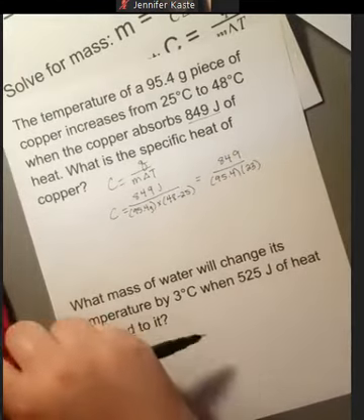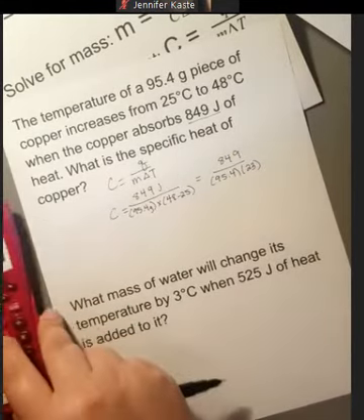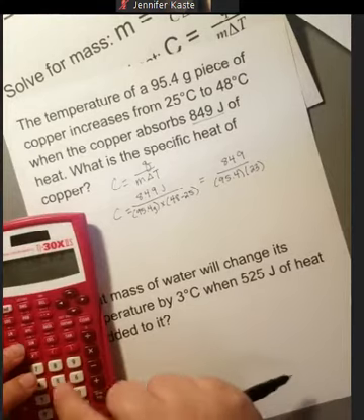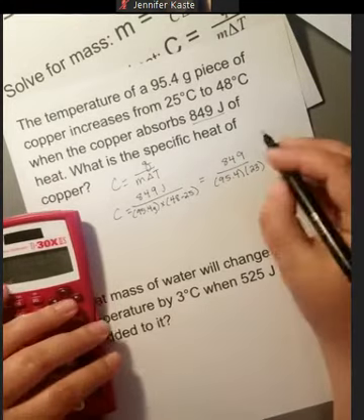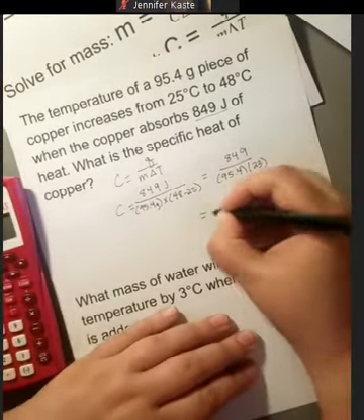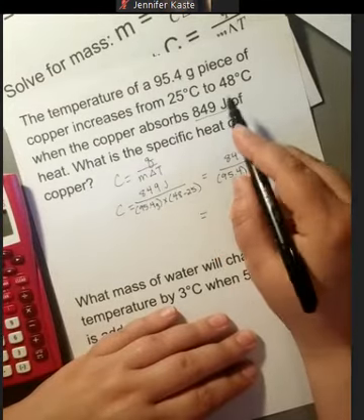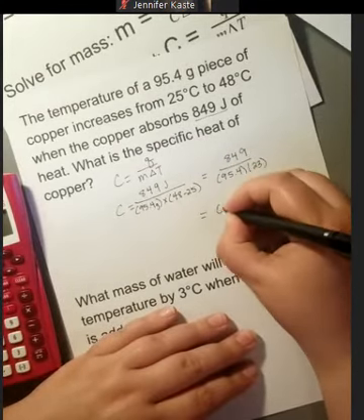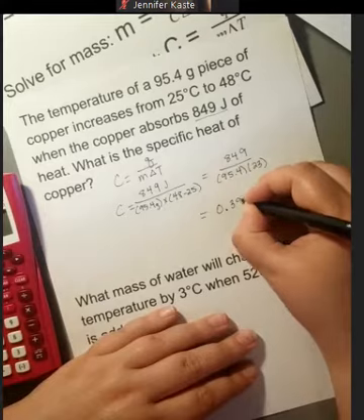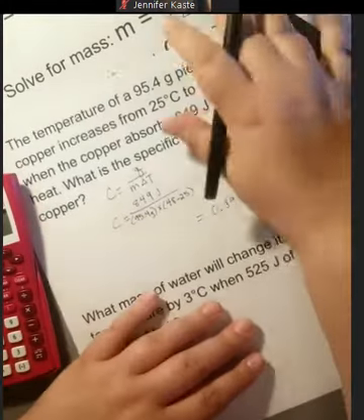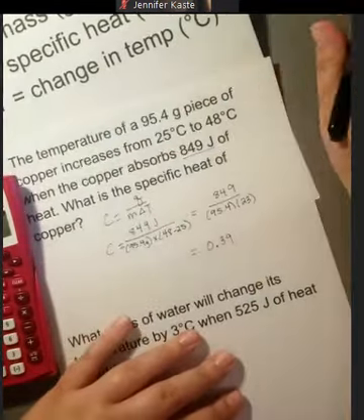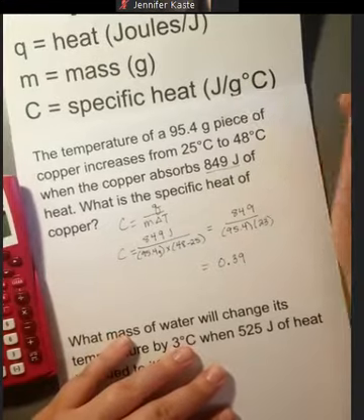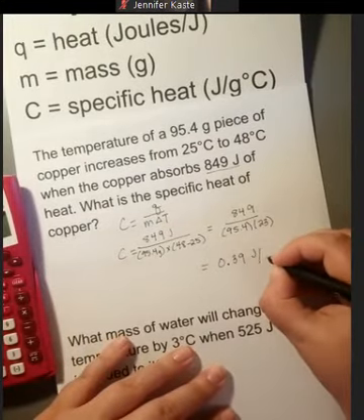So 849 divided by 95.4 times 23 gets you a specific heat with, looks like 2 sig figs here, 0.39. And the units for specific heat, joules per gram degree Celsius.